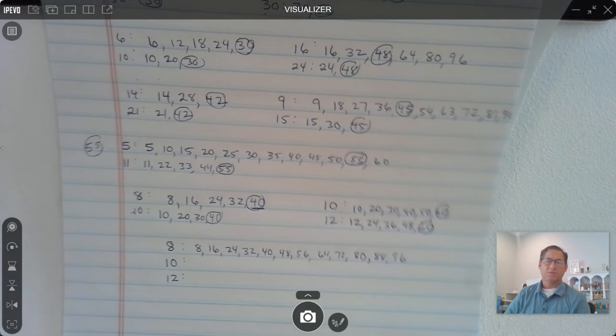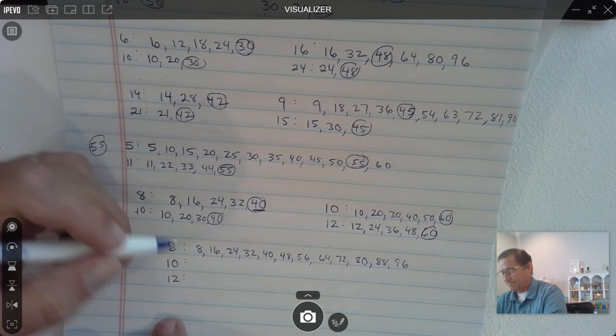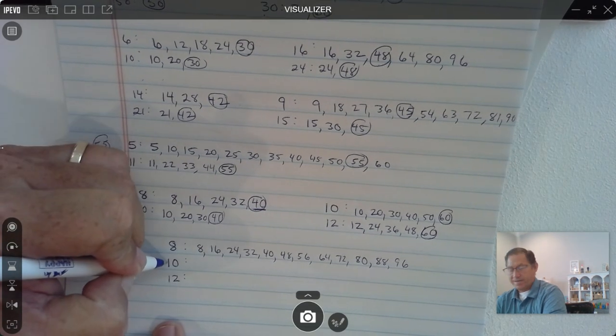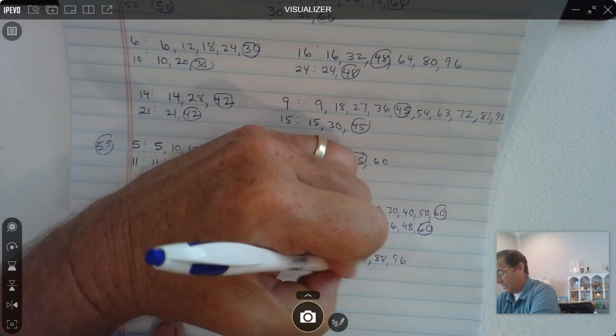All right, I went out 12 multiples just to see. Okay, so I know that for it to be in common, one of the numbers has to end in 0.